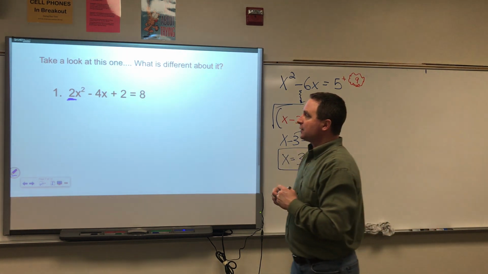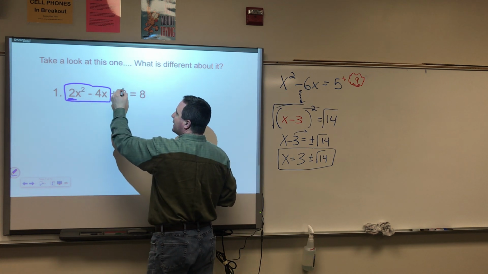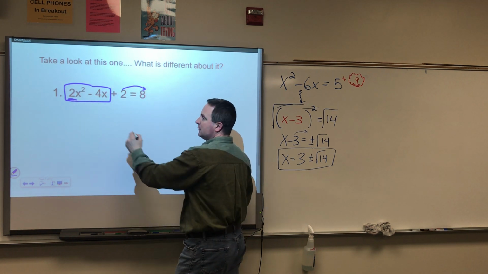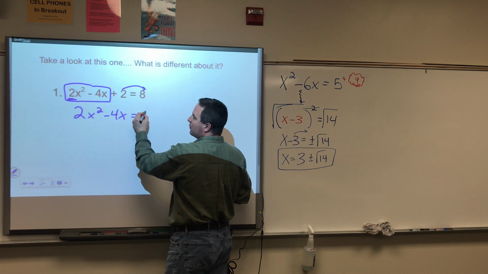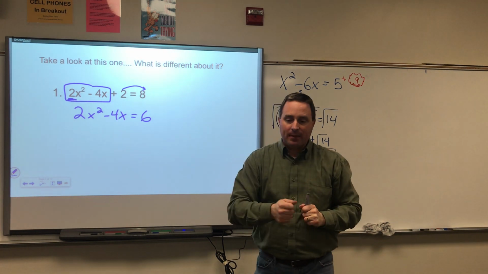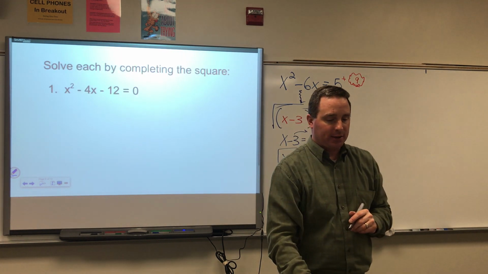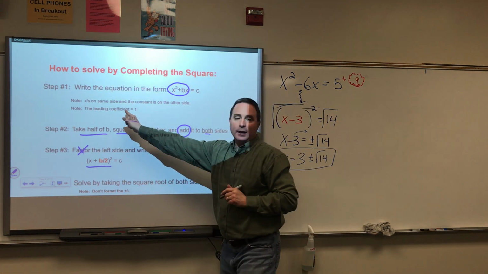But here's what we're going to do first. We're still going to start out the same way. Let's just get our x's on the same side, and let's move the 2 over. So I have 2x squared minus 4x equals 6. And like I said on the sheet here, the coefficient has to be a 1.